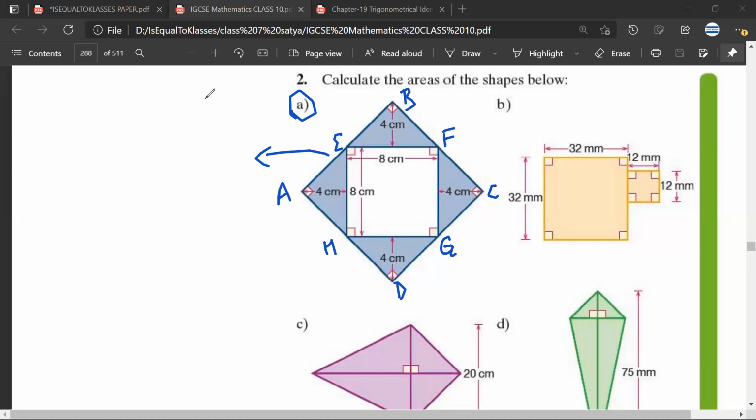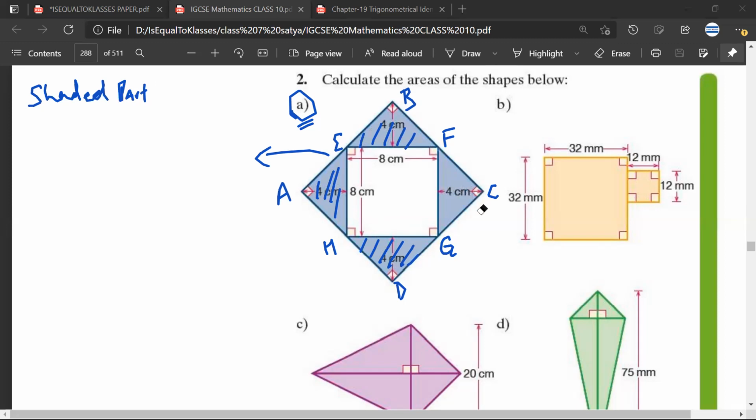So one thing which is not clear in A part is, does he want the shaded part? For example, if I want to calculate the area of the shaded part, it would be this part, this, this. Sarthak, have you understood? Yes, sir.